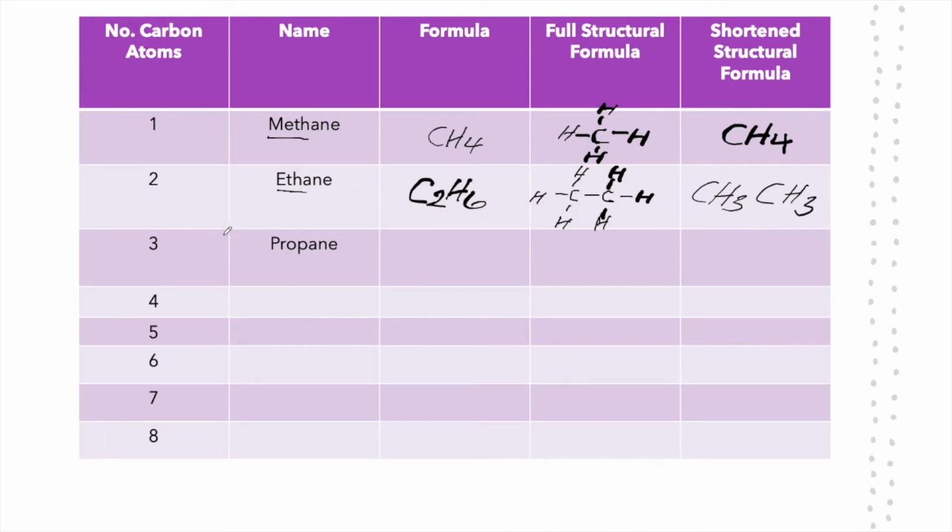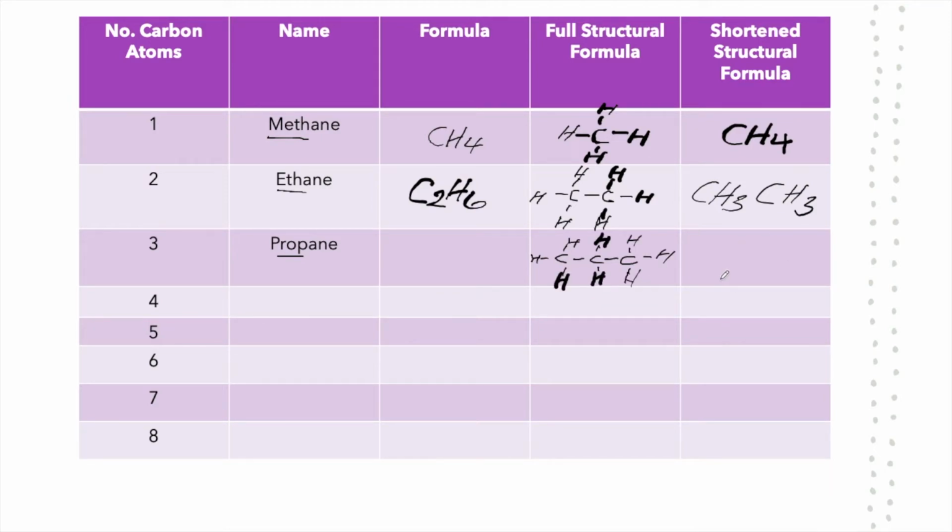Our prefix for 3 carbons is prop, so propane would be 3 carbons long, so 1, 2, 3. Make sure there are 4 bonds coming from each of your carbons and fill in the spaces with hydrogen.